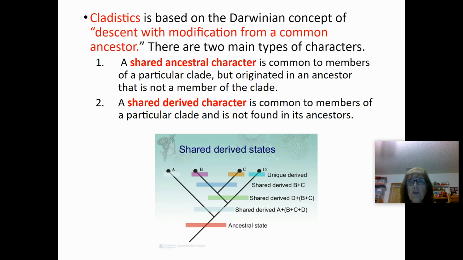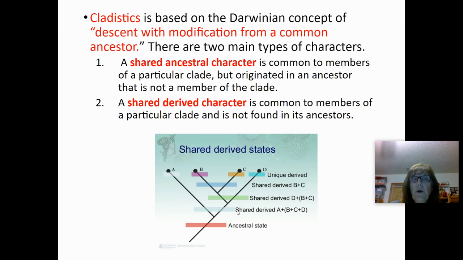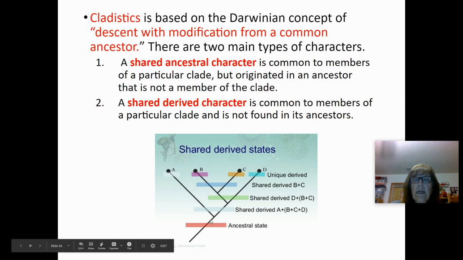And keep in mind, there's two types of characteristics here. You can have a shared ancestral characteristic, which means that it is common to a particular clade or a group of members in that clade, but it originated from an ancestor that was not a member of that clade.